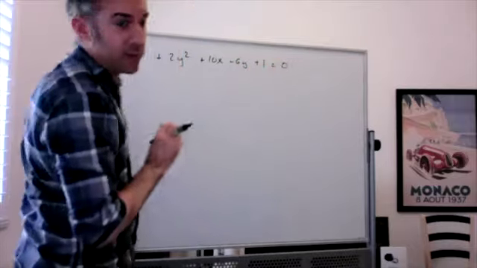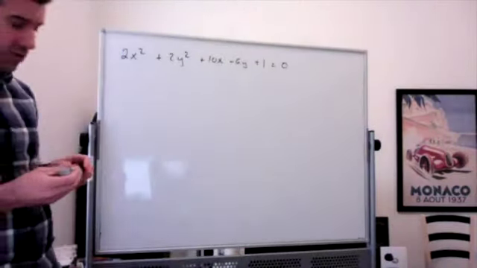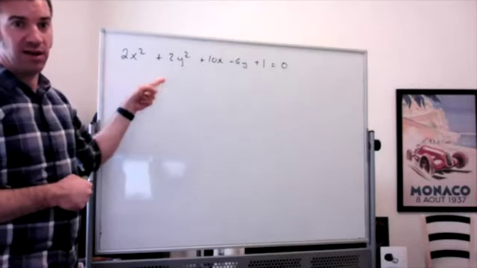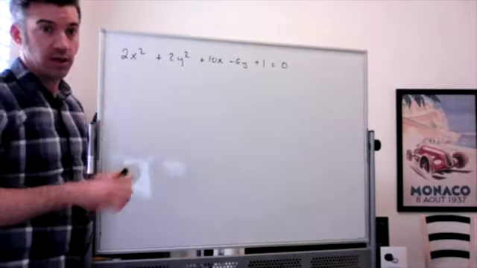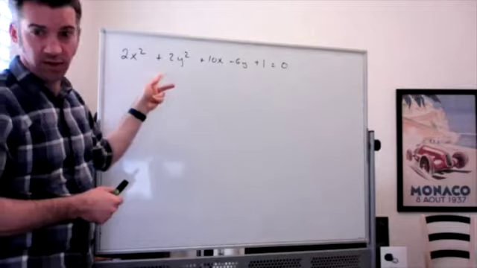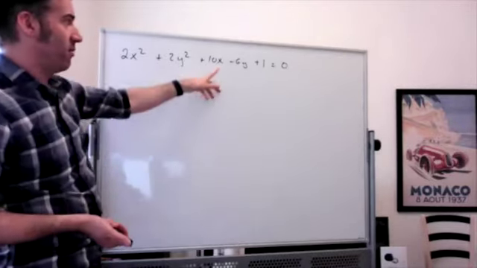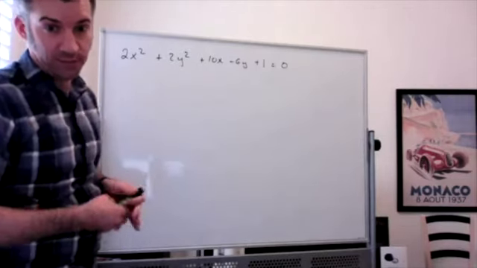And the way you typically can identify that you have the equation of a circle is that you have both an x squared and a y squared, and they have the same coefficient, in this case 2, and the same sign. So it's a positive 2x squared and a positive 2y squared. If those are your highest powers of x and y, and the only other things you have are x and y to the first and a constant, that will always be a circle.